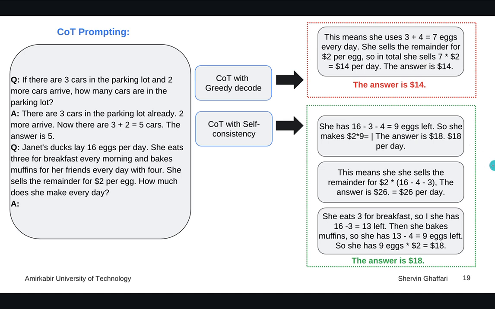For example, here we have three different reasoning paths using chain of thought, but two of them led to $18 per day as the final answer, while one of them provided $26. By max voting, we find out that $18 might be the correct answer.